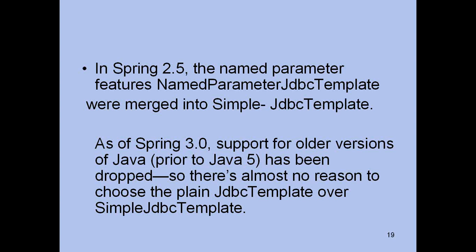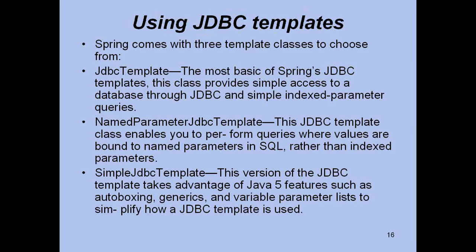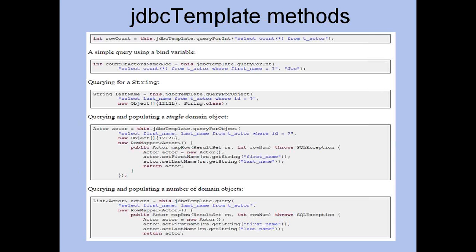Now let's talk about NamedParameterJdbcTemplate. Go back to our definition. This JdbcTemplate class enables you to perform queries where values are bound to named parameters in SQL rather than indexed parameters. So here you understand what indexed parameters are, right?